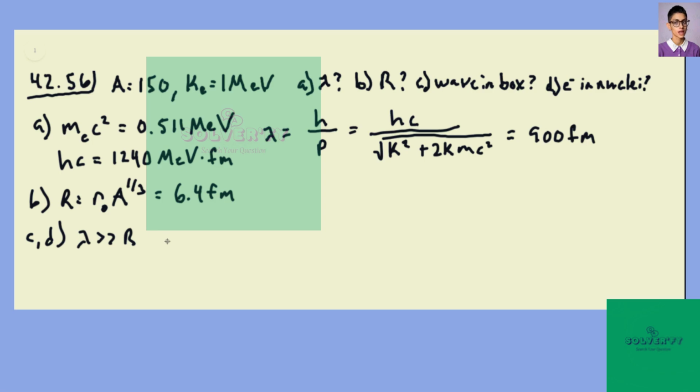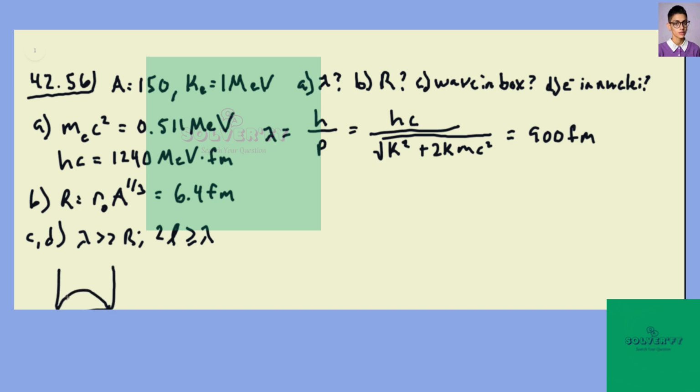If you have a sort of box potential with a characteristic length L in one dimension, then the largest wavelength you can fit is going to be 2 times that, because if you recall, here's our box.